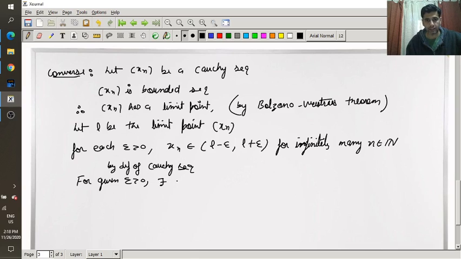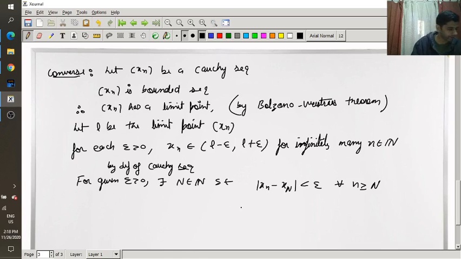There exists a natural number N such that |xn minus xm| is less than epsilon for all n, m greater than or equal to capital N. So here we have taken epsilon, and here we have again taken epsilon.